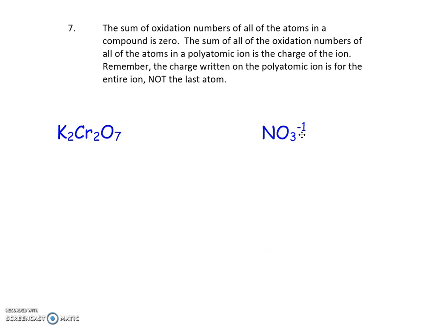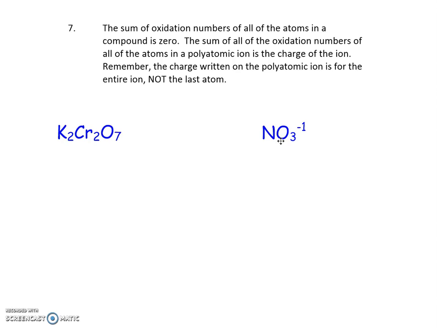One thing to keep in mind is the charge that's written on the polyatomic ion is for the entire ion, not the last atom. So for example, NO3 negative 1 tells me that the nitrogen and 3 oxygens as a whole have a negative 1 charge. It's not giving me a helpful hint of oxygen being negative 1.